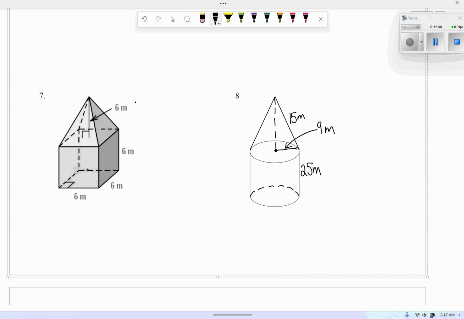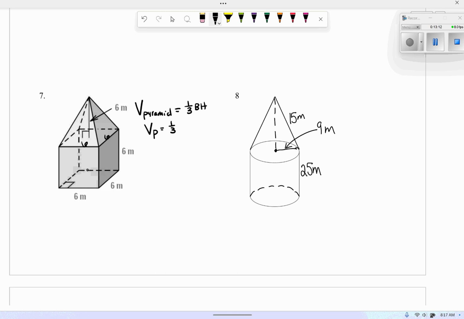So let's do the volume of the pyramid, which is 1/3 the base times the height. In this case, the volume of the pyramid is equal to 1/3. The base, notice, is 6 and 6 here, so that means it's a square.